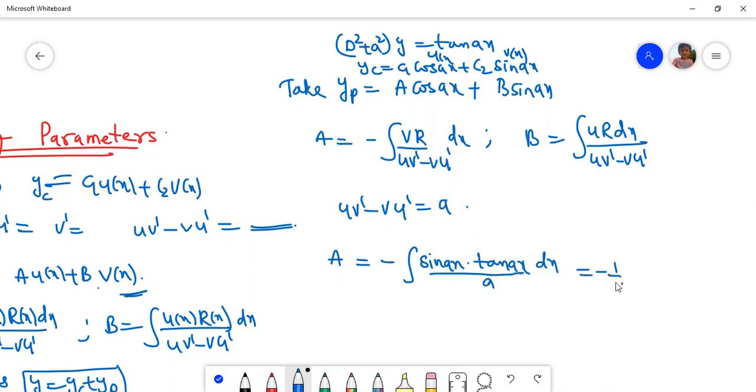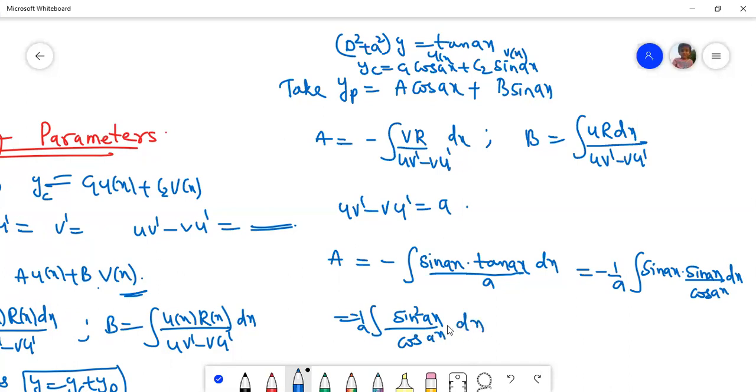It is equal to minus 1 by a. Then here we can write integral of sin ax times tan ax, meaning sin ax by cos ax, into dx. Here it is equal to minus 1 by a, sin square ax by cos ax dx. In the place of sin square, we can write 1 minus cos square ax by cos ax whole dx.